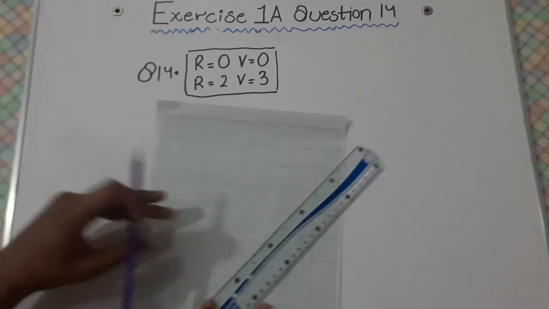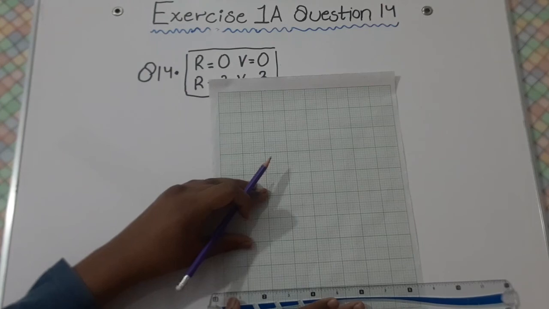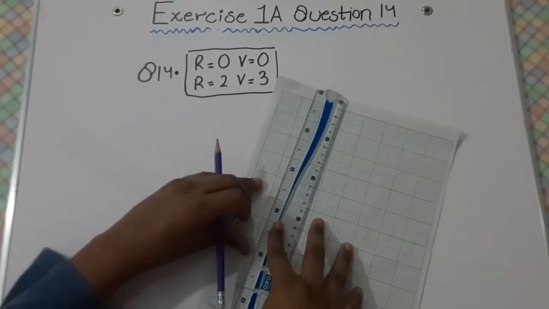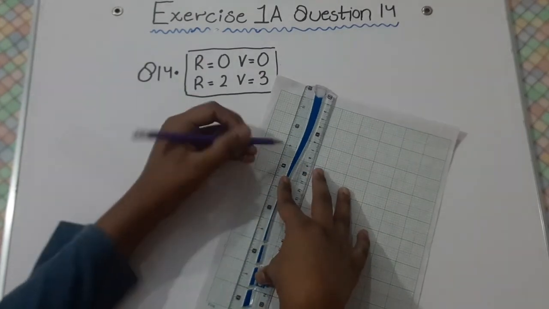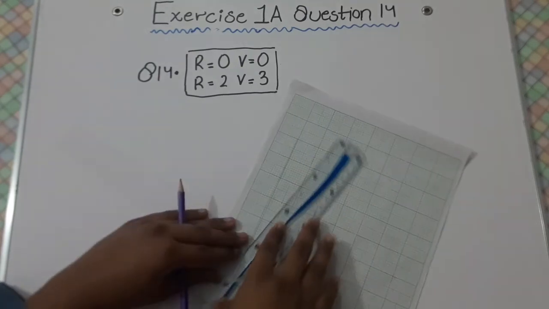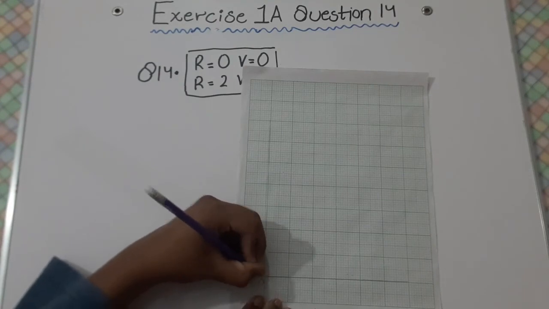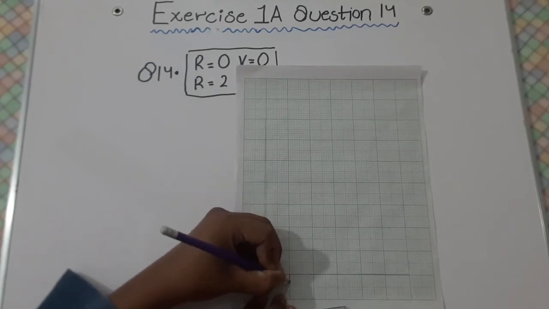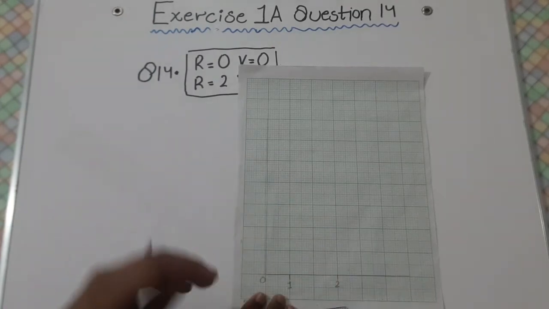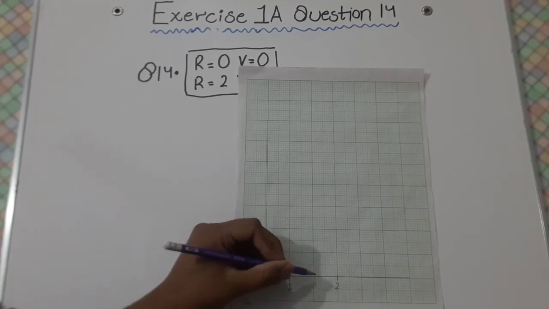Now I'm going to draw the graph. We have a small range of numbers, so we are going to make a short graph. This point is 0, then 1, and as we have fewer numbers, we are going to have a big gap of two big squares.